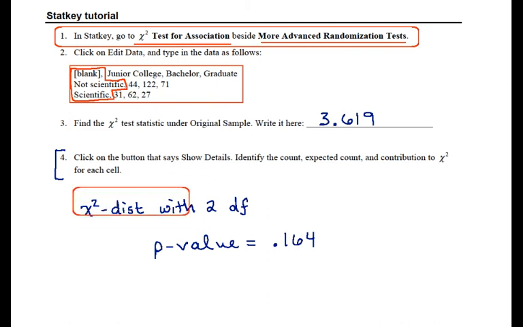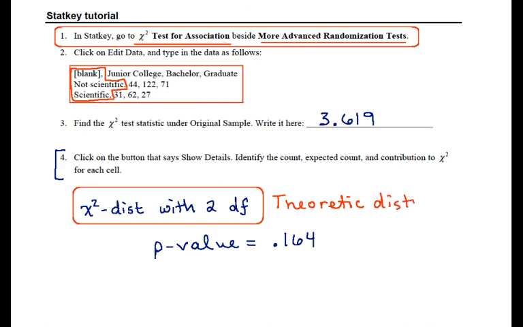You then go back to the home screen and go to Theoretical Distributions to go to your actual distribution where you get your p-value. Even though it is possible to get a p-value using the randomization distribution, we are going for theoretical distributions more in these later sections. So get in the habit of going to the correct theoretical distribution after you've gotten your test statistic from the test page.